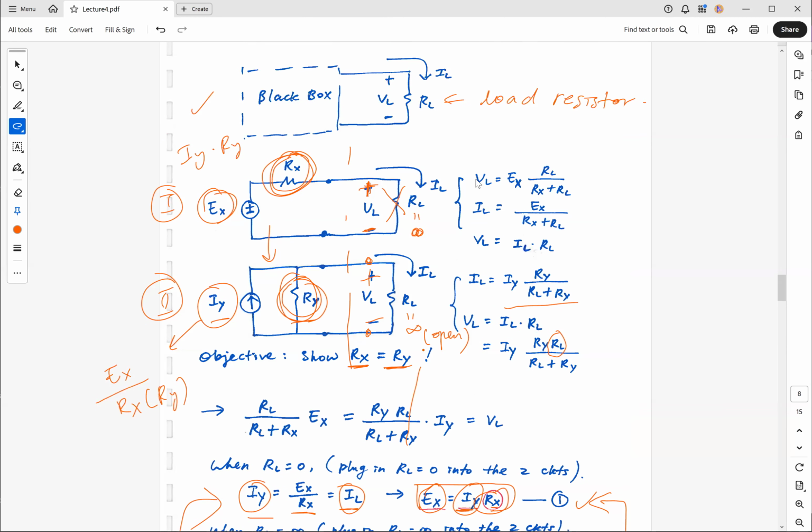In other words, you cannot do something like this. If this is Ex and this is Rx, and if you try to do, let's say, this is Ry and this is Iy, notice the difference.